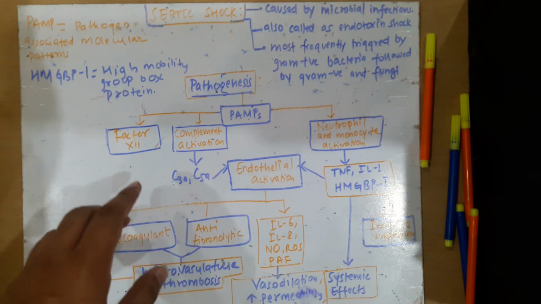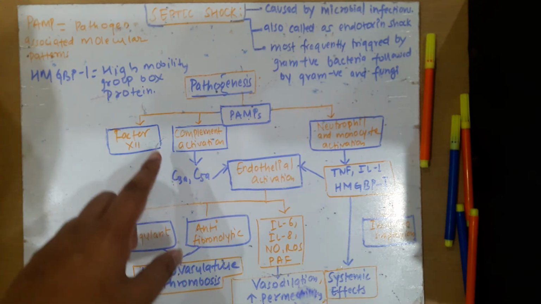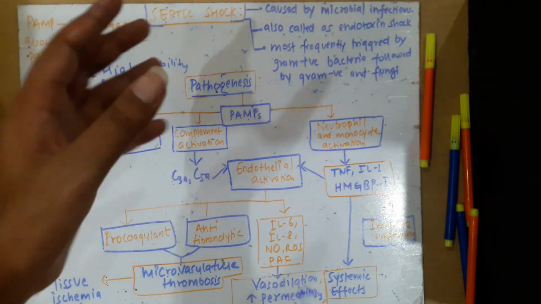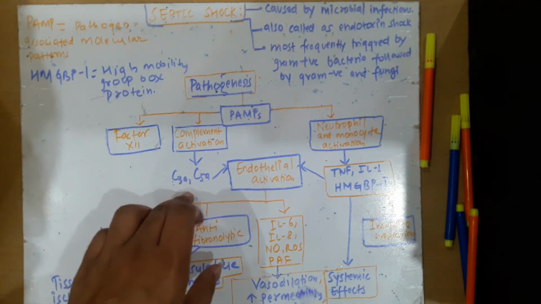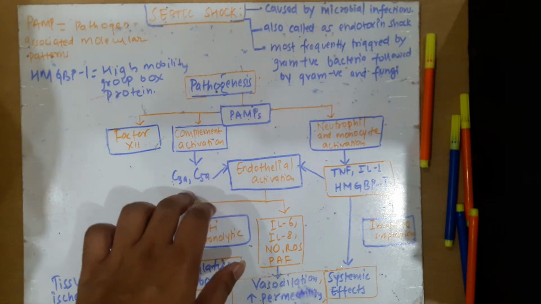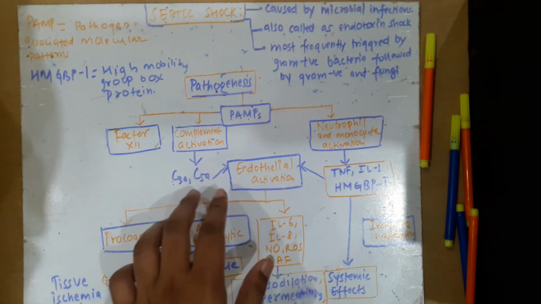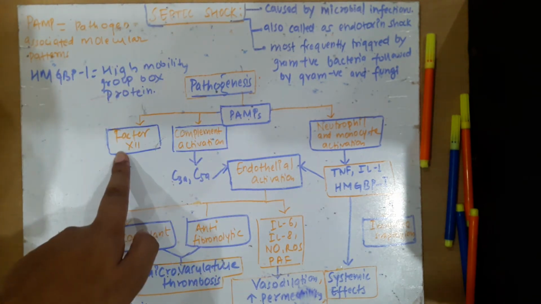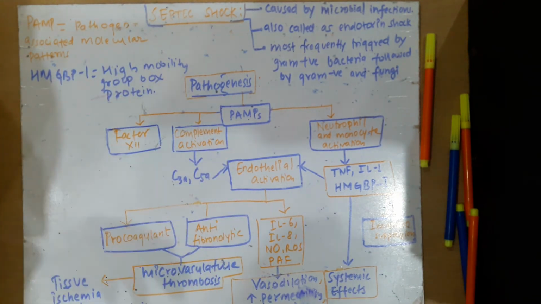And after the activation of the complement, C3a and C5a are produced, which are anaphylatoxins, and which also cause endothelial activation. These PAMPs further act on factor 12, which is responsible for activation of coagulation.